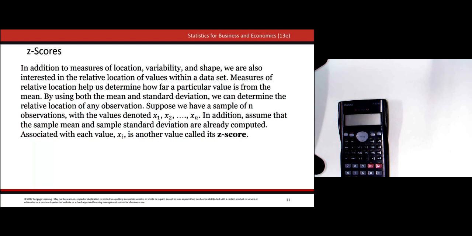So you need to know the mean and the standard deviation to calculate the measure of relative location. If we know the mean and the standard deviation, we can easily determine the relative location of any observation. So the measure of relative location is also called the z-score.